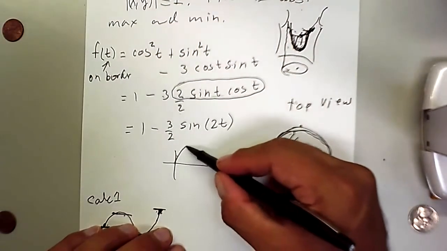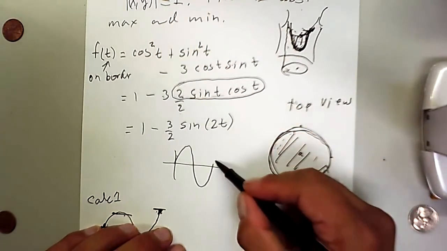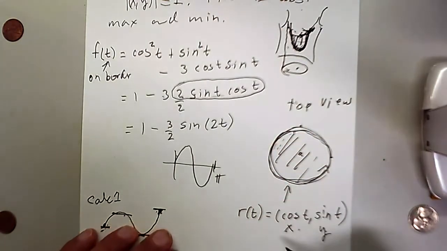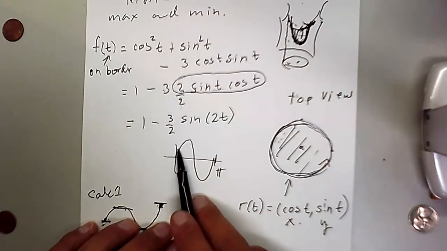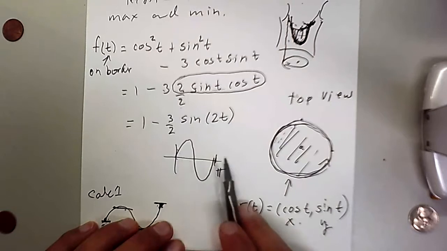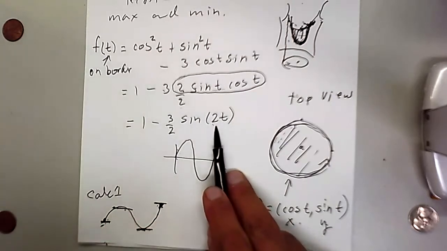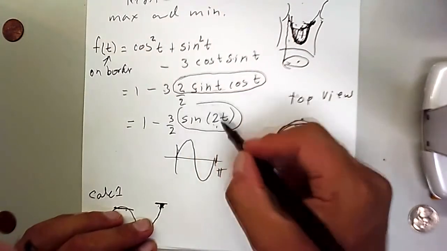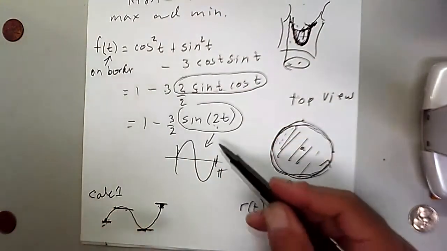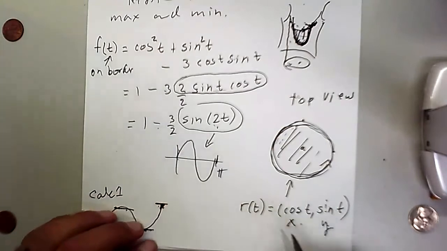So we have a whole cycle by the time you end up with pi. Because normally, the sine will go from 0 to 2 pi, but we're increasing the frequency. So that is just the sine of 2t, just this part. This is the graph of it. Flip it around because of the negative.